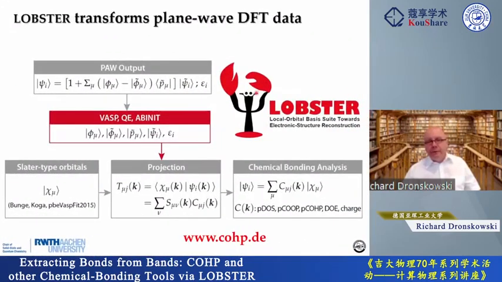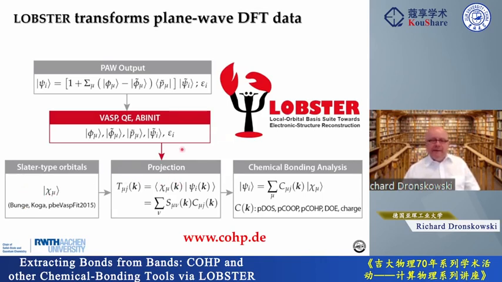So what does Lobster do? Lobster reads your pseudopotential PAW output, whether it's from VASP, Quantum Espresso, ABINIT, has no importance. And then it has several sets of atomic orbital bases, the best you can get. And it uses these Slater-type orbitals to do a projection.